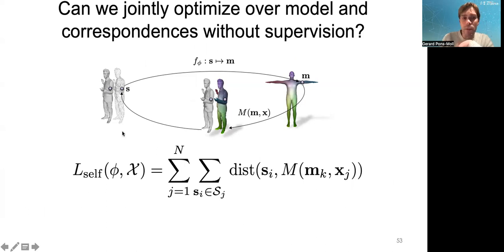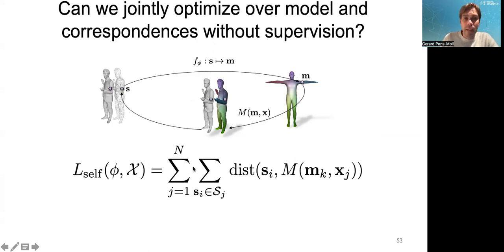This network processes point clouds, and based on the processed point cloud, it predicts for every point in the point cloud a correspondence on the model M. So you want to optimize over network parameters and also all the model parameters for every single scan that you have. This is very similar to when we were training the simple model, where we have to optimize for the pose and shape for every registration.